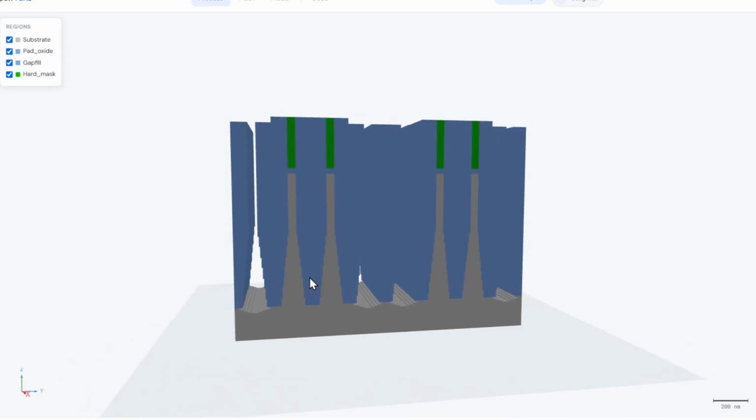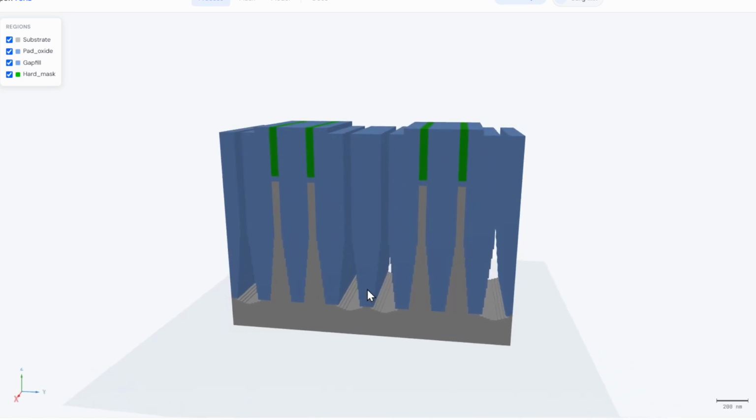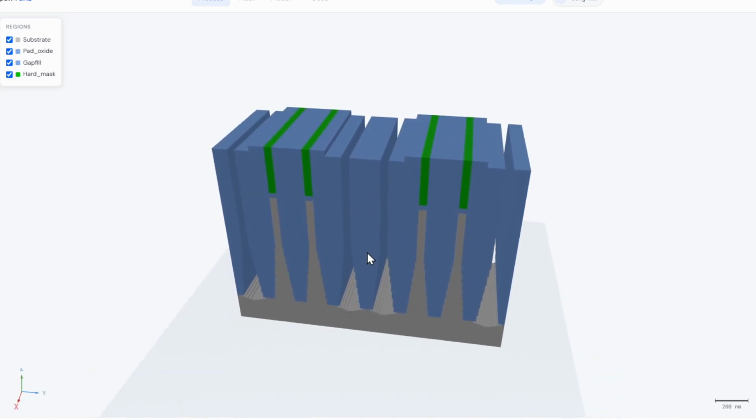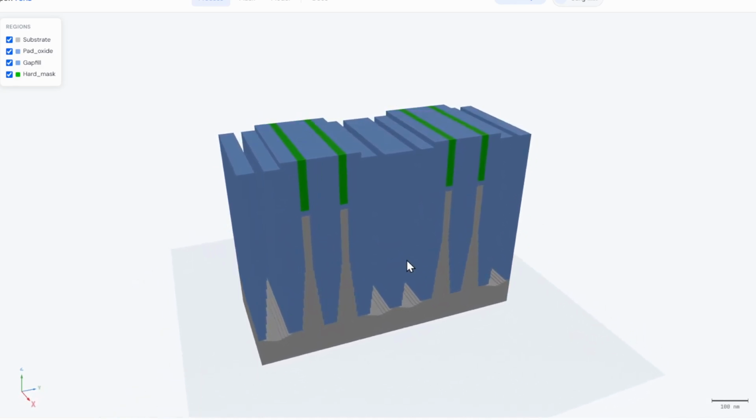Now we have active fins, and there is nothing else. This procedure is called a fin cut. So unnecessary fins are eliminated.